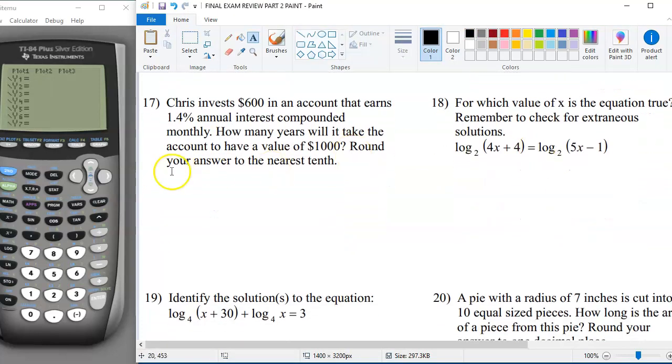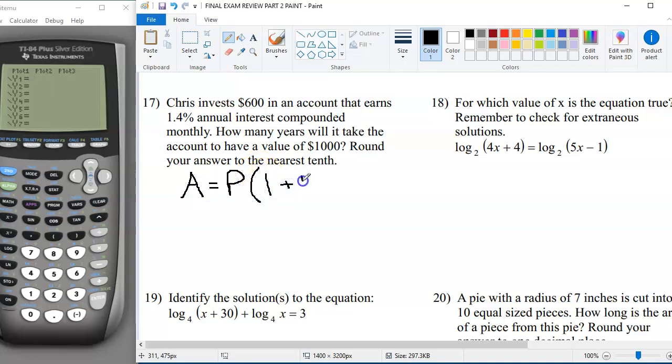Now, this was one of the ones where if you were given one of the answer keys for this final exam review, the answer key was wrong, but we're going to work through it anyway. Now, we've got a bunch of different interest formulas.